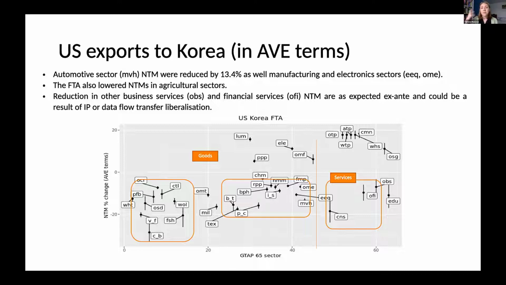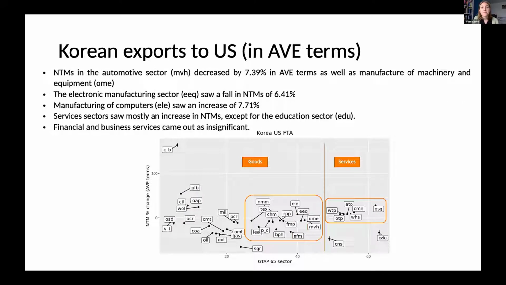So this is in line with what the FTA was targeting. But there was also some reduction in agriculture. And we also see a reduction in business services and financial services, which were again targeted via the data liberalization provisions.